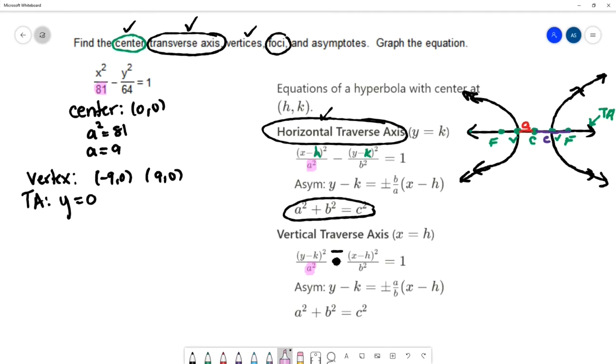I know that b squared is going to be 64, so b has got to be 8.